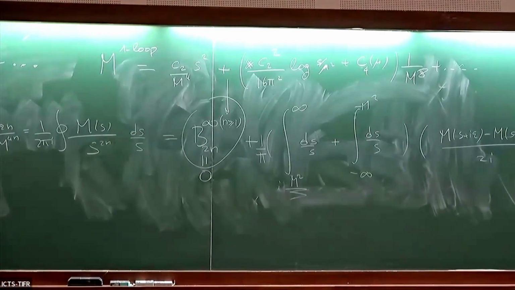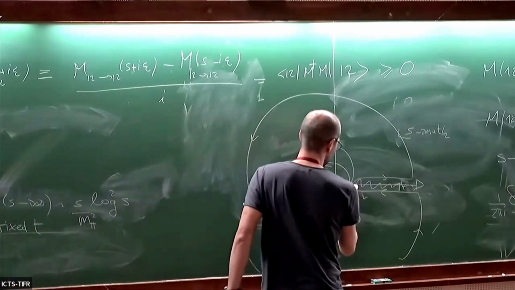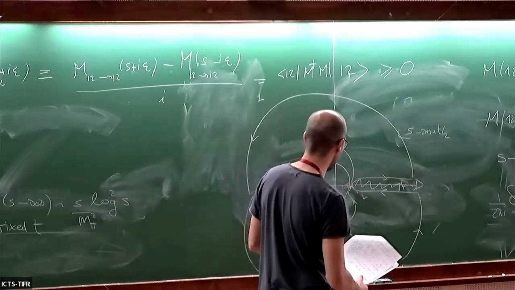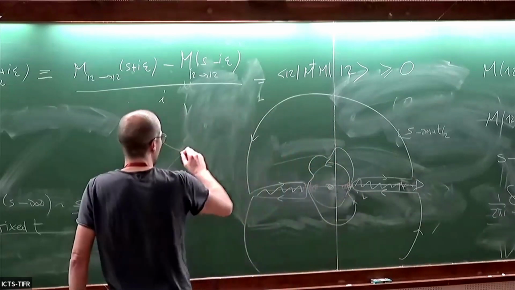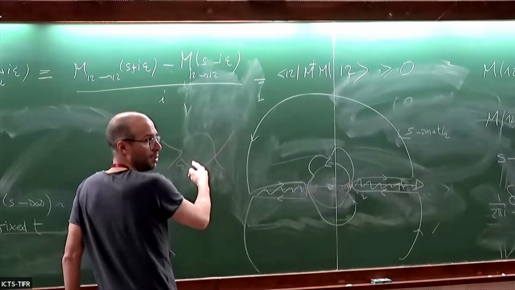You have some branch cut in the infrared. Or maybe let's use another color. There's some running, some discontinuity from the light particles. But in this case, it's this diagram. C2 is a discontinuity due to this diagram.